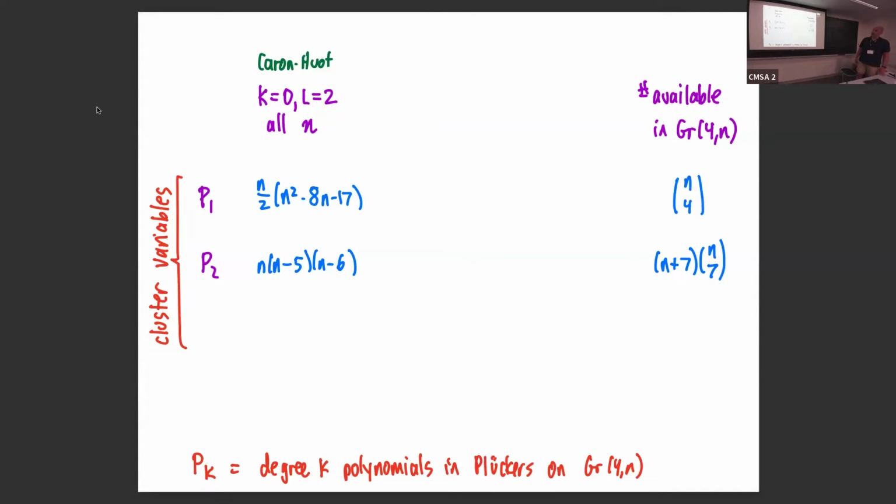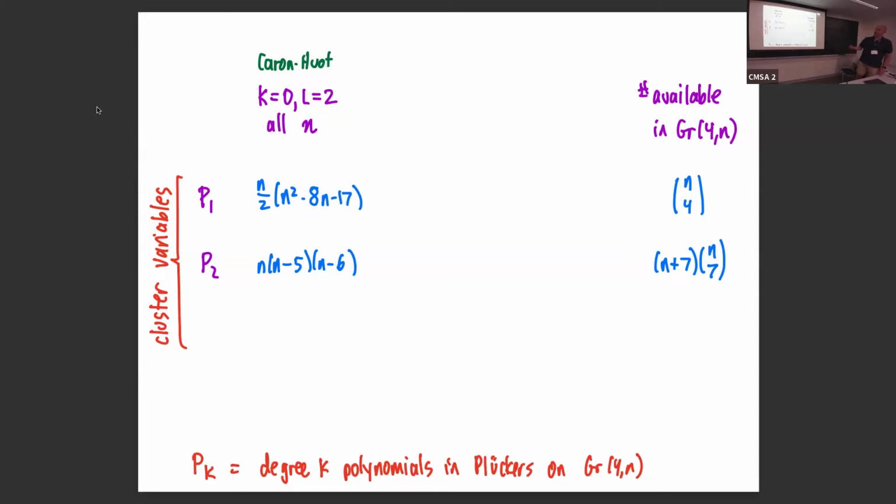His calculations revealed that the symbol alphabet for the n-particle amplitude had n/2 times (n² minus 8) minus 17 Plücker variables. P_k refers to homogeneous degree k polynomials in Plücker coordinates. So P1 just means Plücker coordinates.